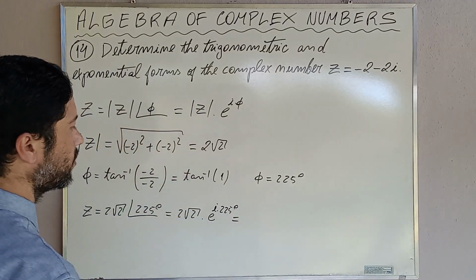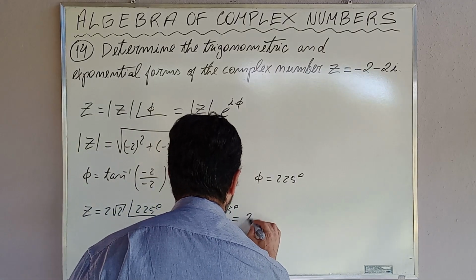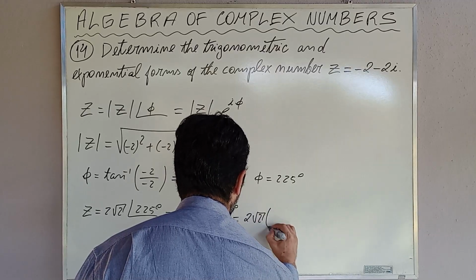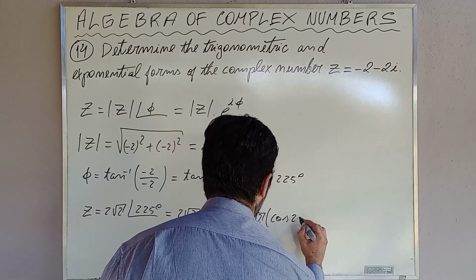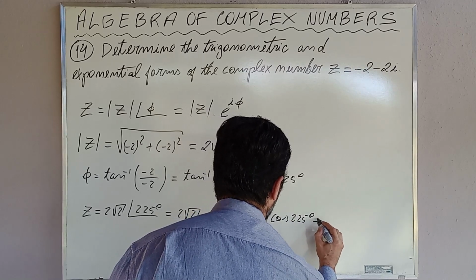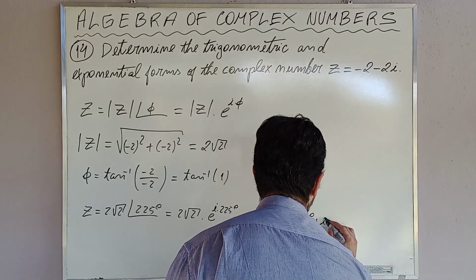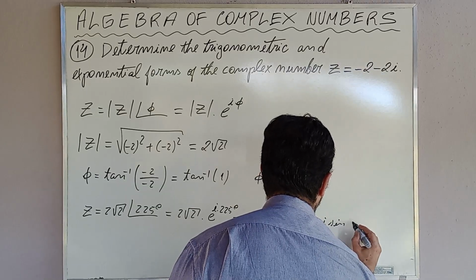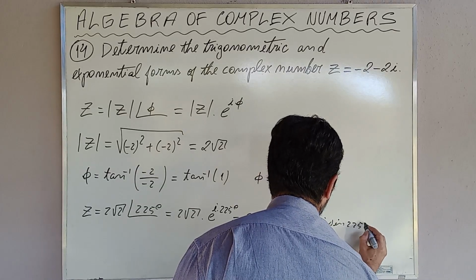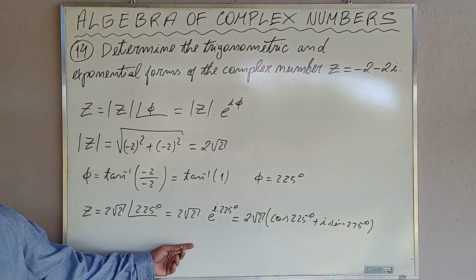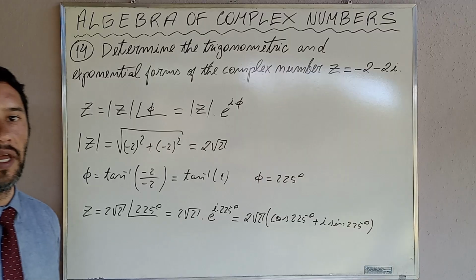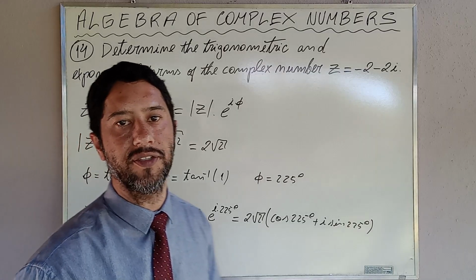And the trigonometric form is 2 times the square root of 2 times the cosine of 225 degrees plus i times the sine of 225 degrees. And this is all that the exercise asks us to calculate, and it is all for the exercises.